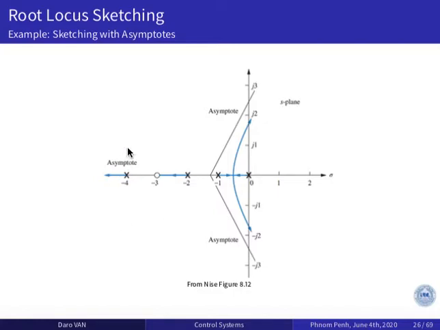And this is the graphical representation. So we have 4 poles, 1, 2, 3, 4, these are finite poles, and this is a finite zero, and then these are the asymptotes, with the intercept at this point. It begins at the pole, and you need to use the previous rule.